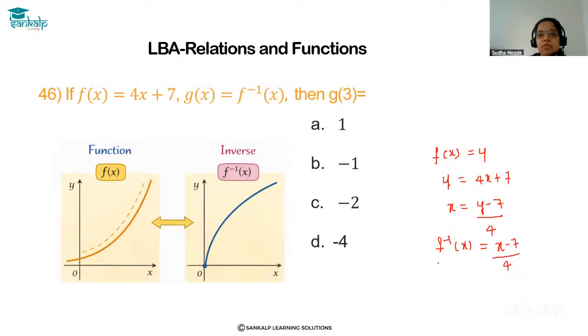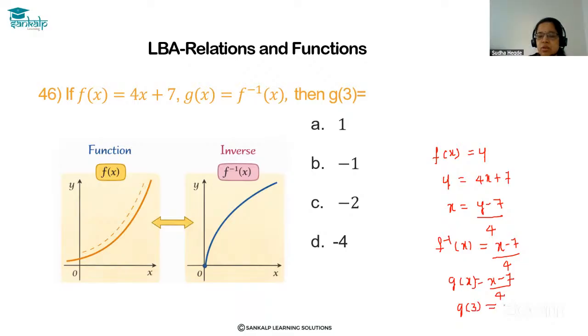So, f inverse x is g of x. So, g of x is equal to x minus 7 by 4. So, g of 3, replace x by 3.